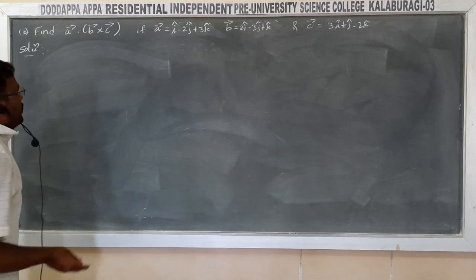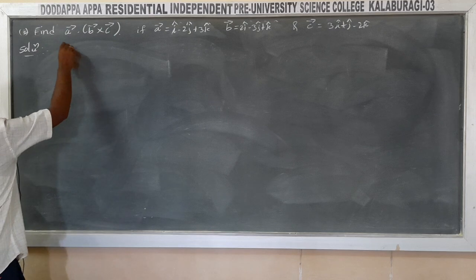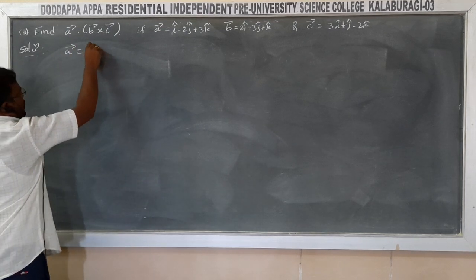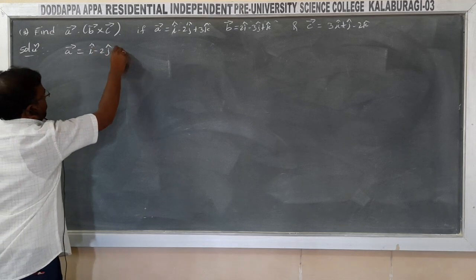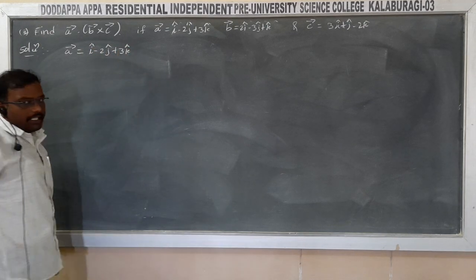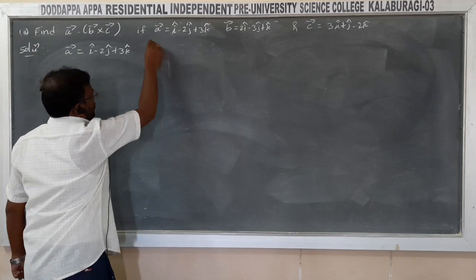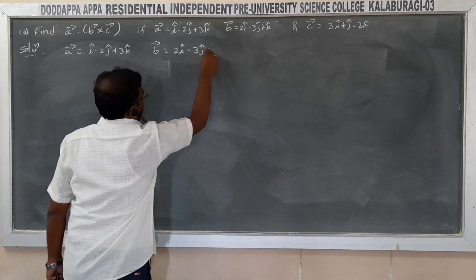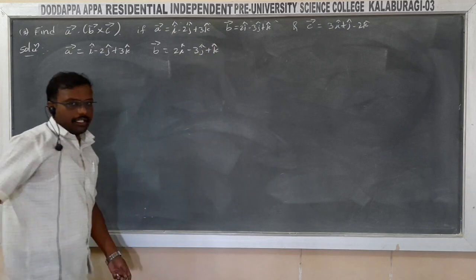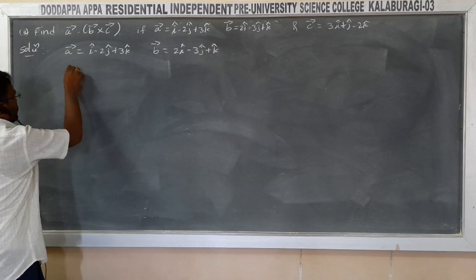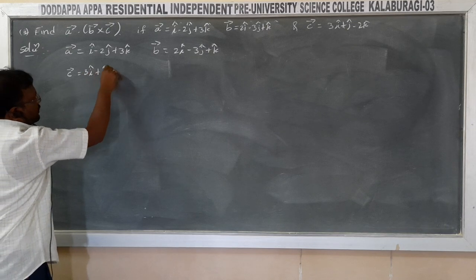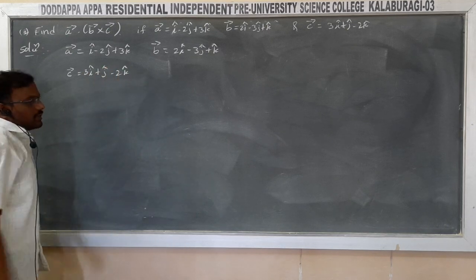Now you can find out as usual method. First, what is given? Vector A value I minus 2j plus 3k. Vector B value 2i minus 3j plus k. And vector C is equal to 3i plus j minus 2k.